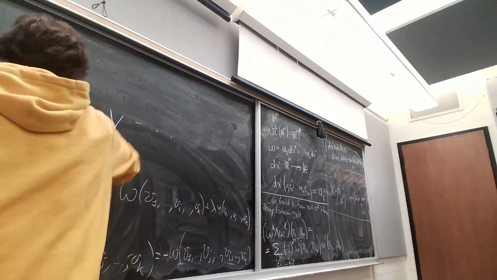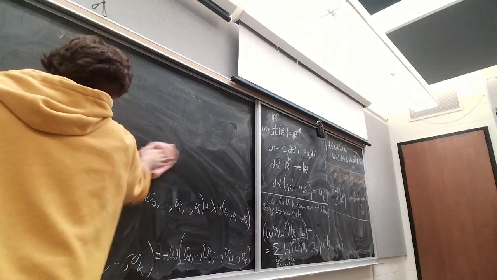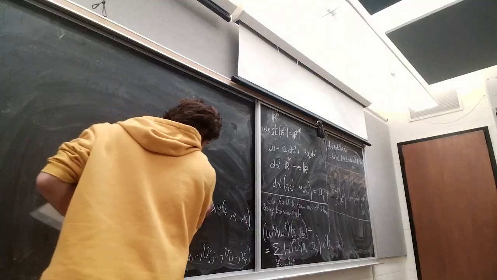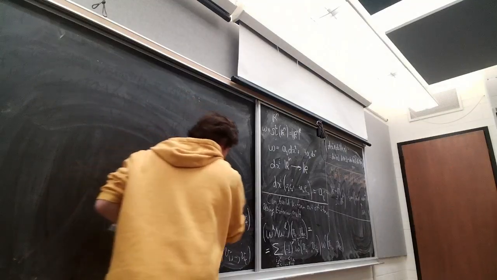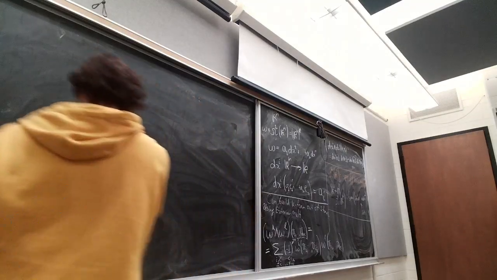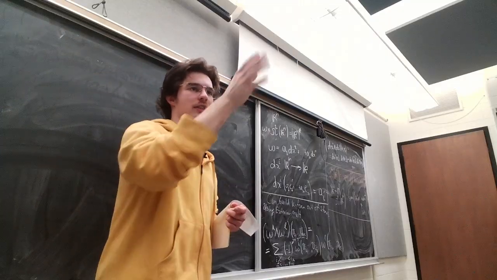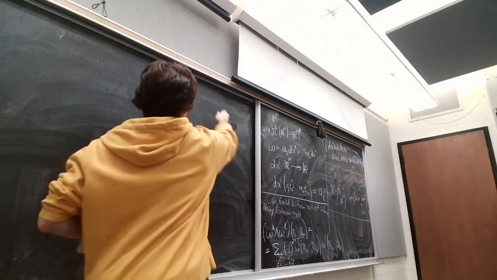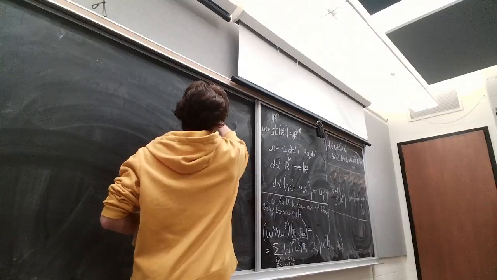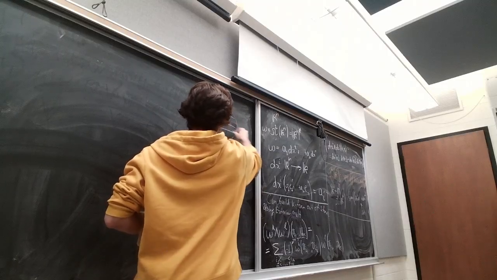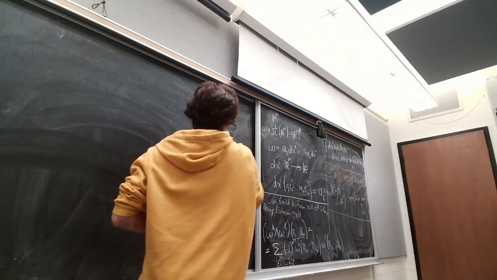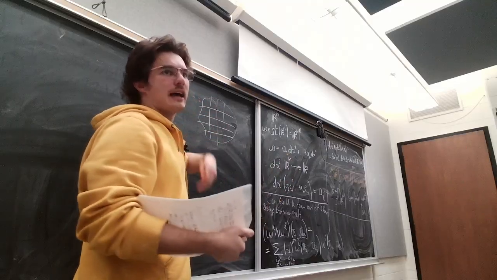The motivation at the very beginning that I gave was that, look, I want to find volumes of various shapes. And what I want to do to these shapes is cut them up into little rectangles. So I have some area, I want to cut it up into little rectangles, compute the area of the rectangles and add it back up, right?